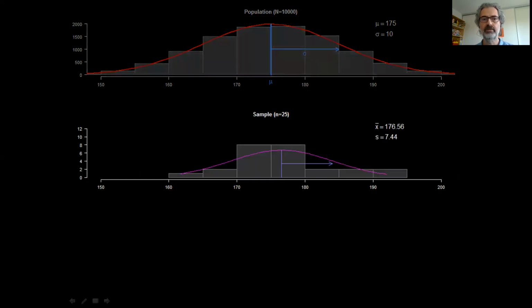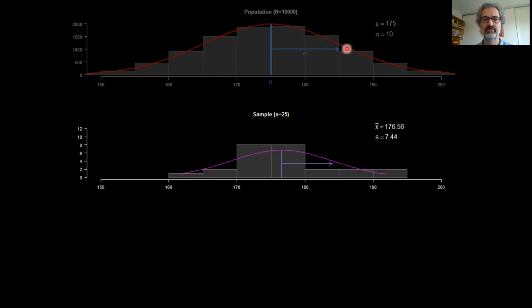In reality, we don't know this part. We don't even know if our sample really comes from this population. If we have a sample, one sample in our study of 25 people, we measure their heights, and we may ask, does our sample come from this population?